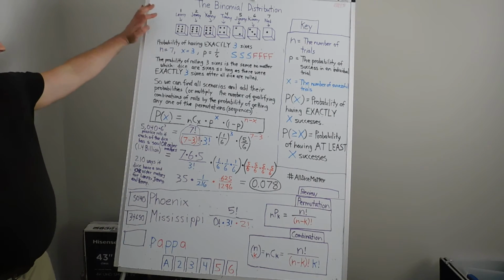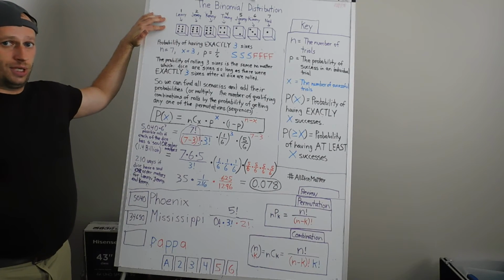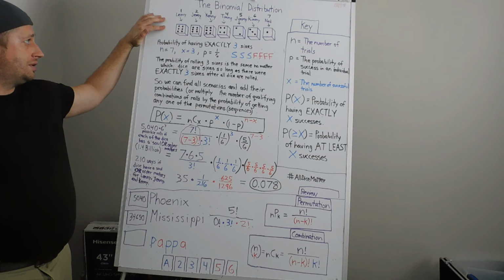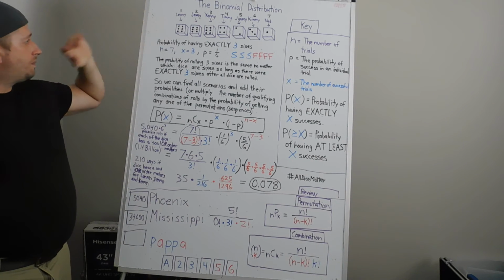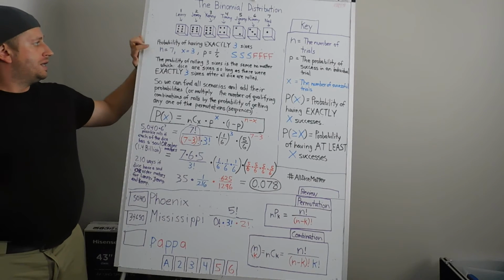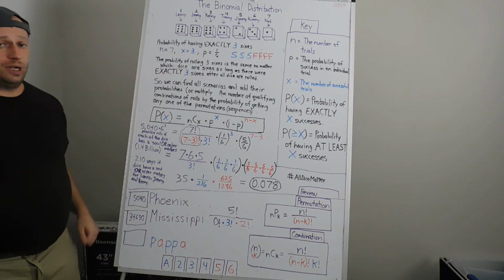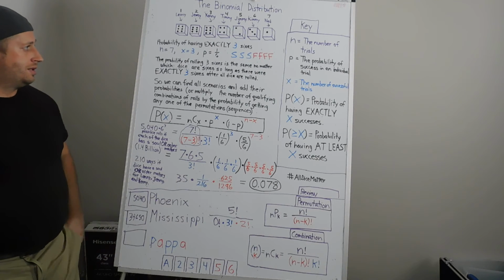So let's say we want to know the probability of rolling exactly 3 6s when we're rolling 7 dice. To get a success, it's a 6. So the probability of rolling exactly 3 6s, if n equals 7 and x equals 3, because that's the number of successes, the probability is 1 in 6 of doing that.